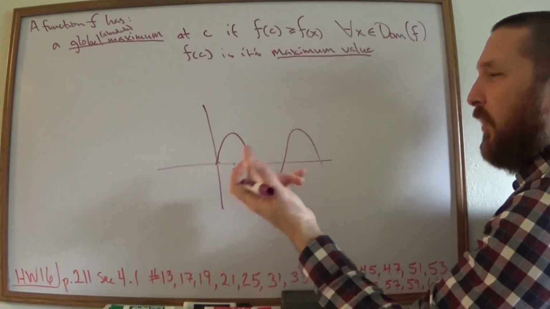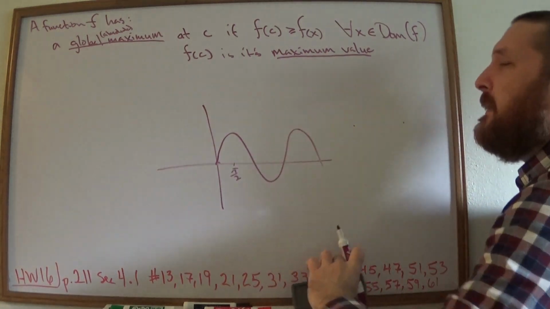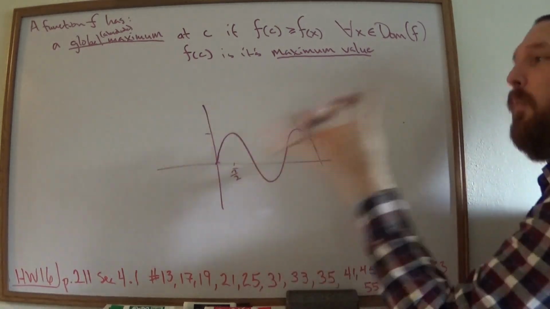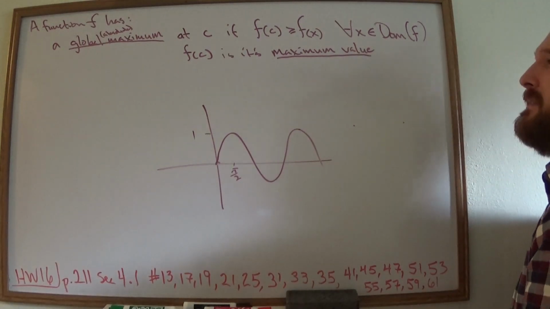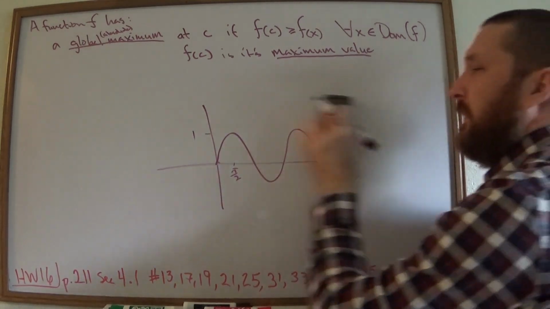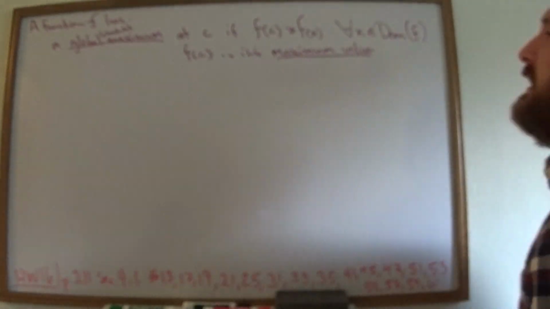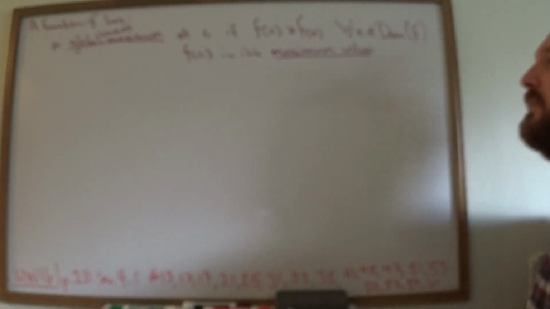That doesn't seem very global because it keeps doing it everywhere. But the value is globally, it never gets above this 1. And so that does make sense, I guess. I don't know, whatever. So that bothers me. But I guess it's kind of nice because, well, what if it reaches it again? Then you don't need to call it something else.